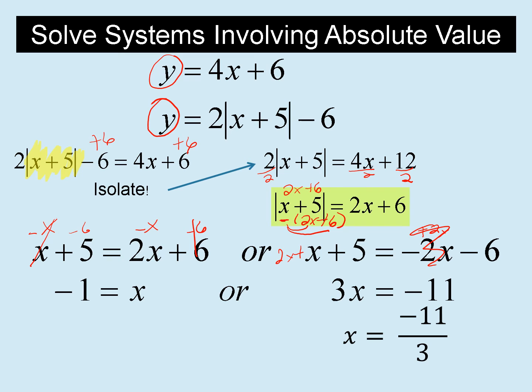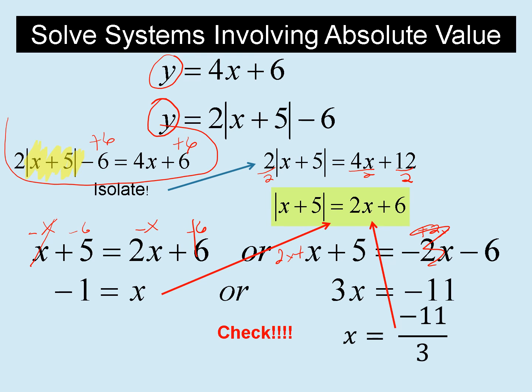Now, I have to check my work. I have to make sure that it makes sense and works in the absolute value equation. So I'm going to plug them back into this absolute value of x plus 5 equals 2x plus 6. Now, it doesn't matter which of the 3 equations you use.